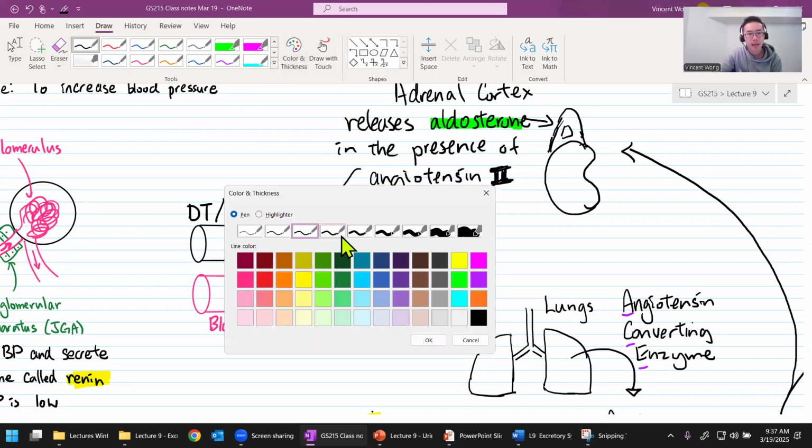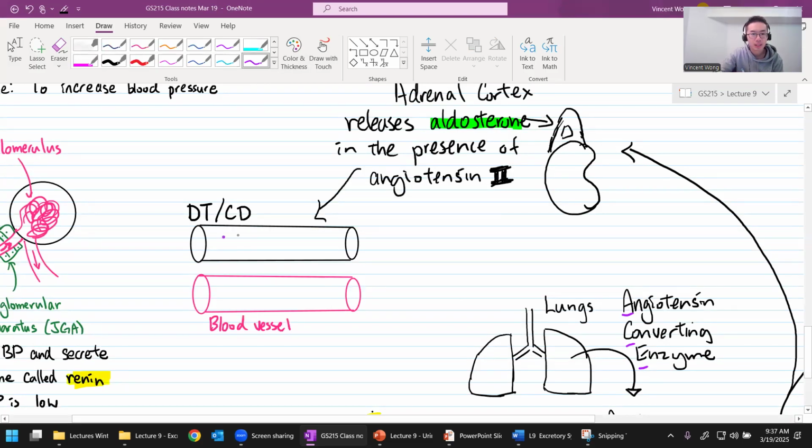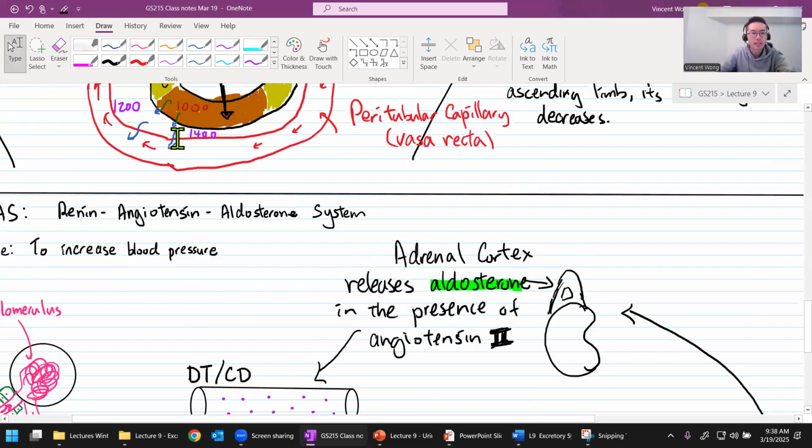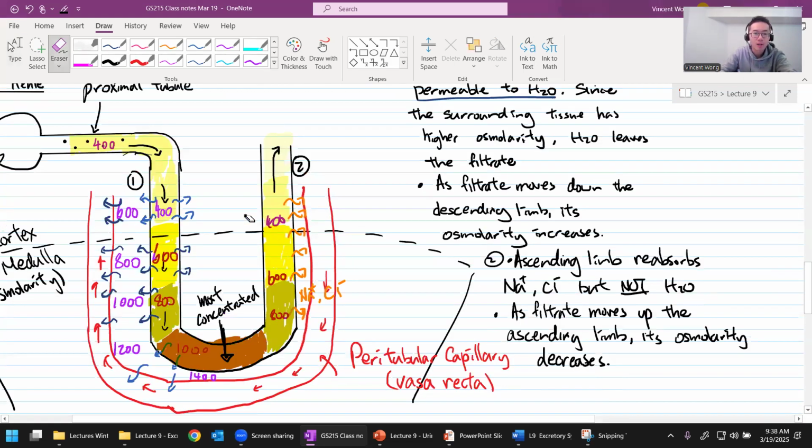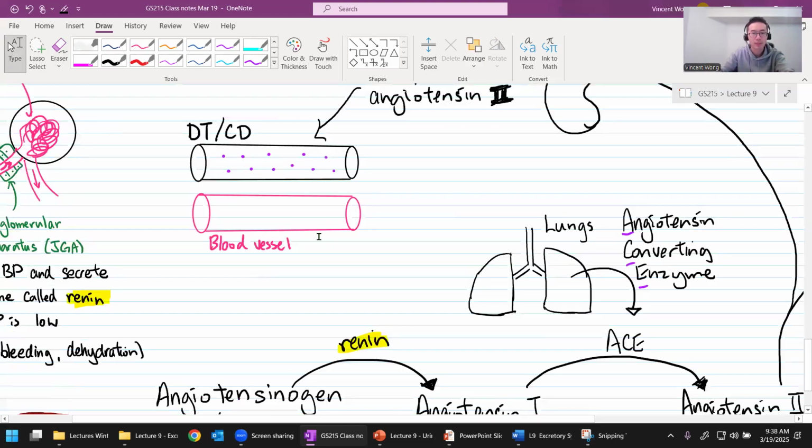So what's happening there? Well, in the distal tubule and the collecting duct, we still have some NaCl. We took back a lot in the loop of Henle already, but it's still there. Remember over here, at the end, it's still like 400 units of solute. So we still have some salt in there.